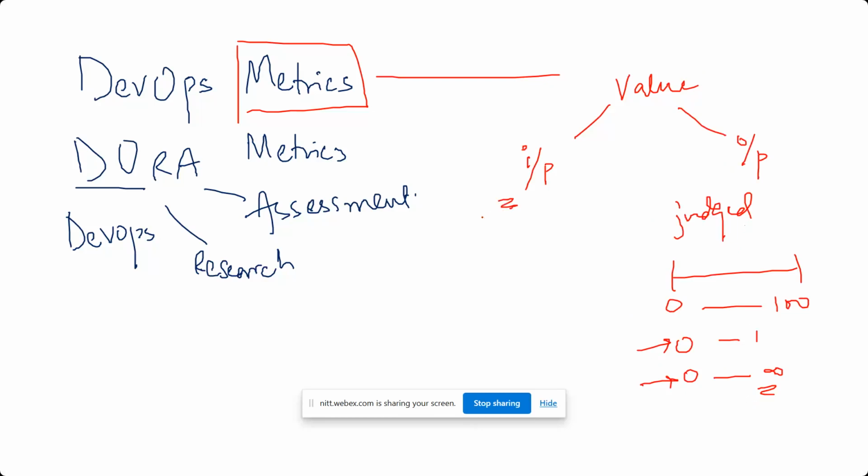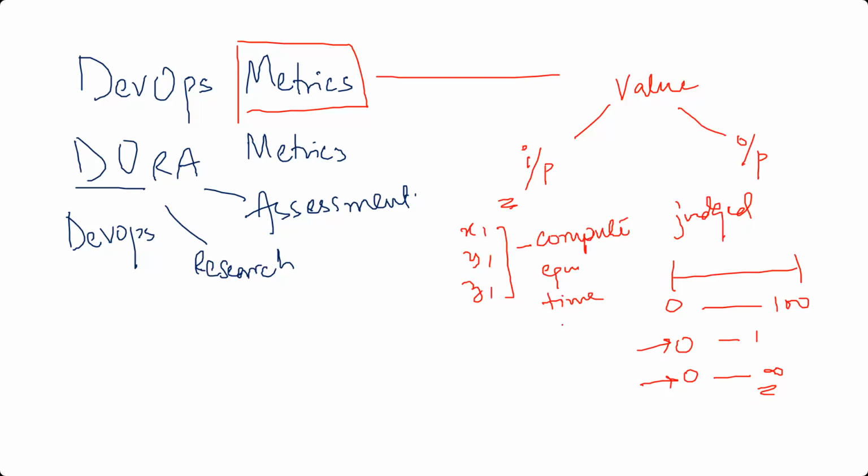Now, whatever input you have, you use that input. You typically take variables and you compute. Okay, this can be computed based on an equation or based on time, or relatively based on dependent variables or independent variables. Okay, and eventually the output is generated and it is judged.